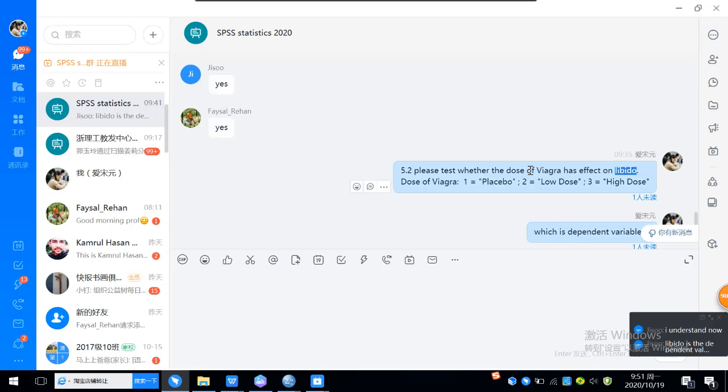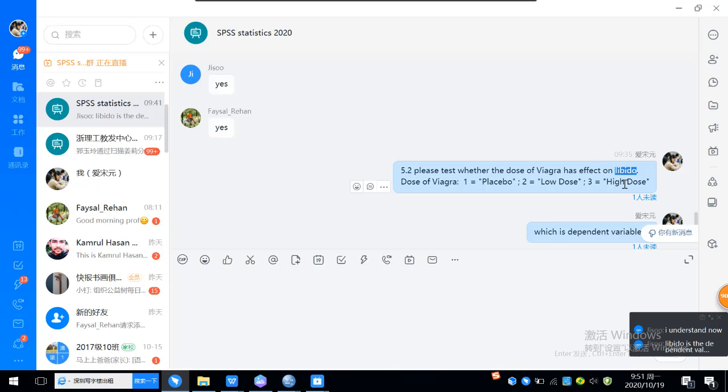After they use the different doses of Viagra, then after 6 months, we will test if their libido is different or not. Here the dependent variable is libido.